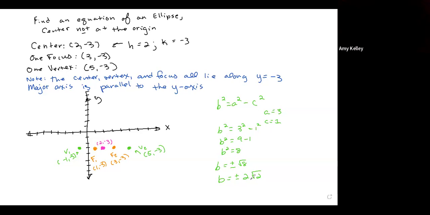So now I know that to plot points on the minor axis, I would go right 2, and then negative 3 plus 2 square root of 2. Again, we're going to go right 2, down 3, plus 2 square root of 2. That would be somewhere right about here.